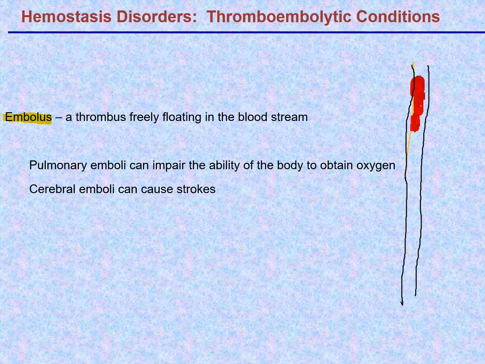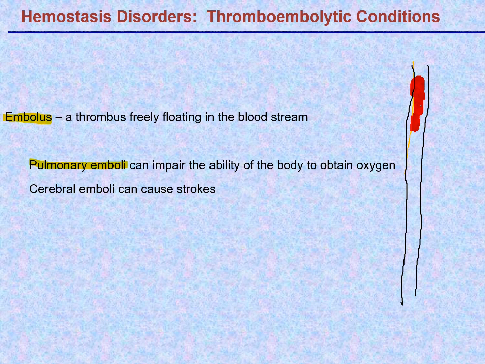If it travels in a vein back to the heart and gets pumped up to the lungs, that's the first capillary bed in the pulmonary circulation, so it could block a blood vessel in the lungs. It's then called a pulmonary embolus.